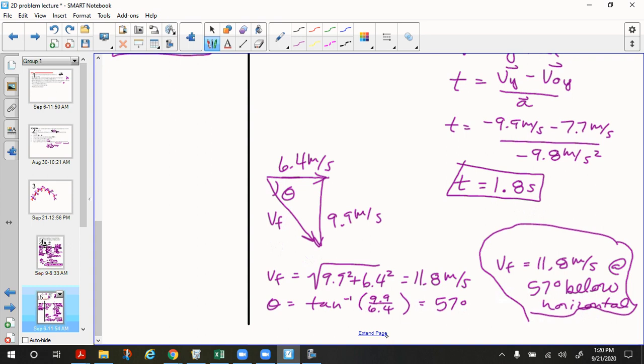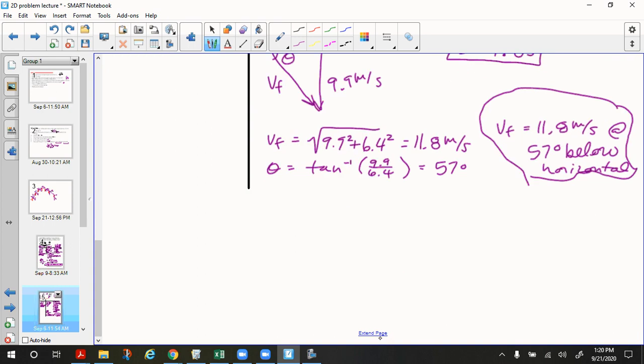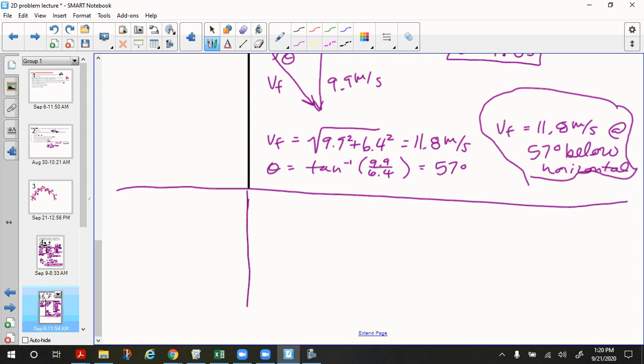So now we need to find out how high it goes, which is the last piece. Now for this piece, we have a different time and a different situation. So let's kind of redo our XY chart here. We know that the initial velocity in the y direction is still 7.7 meters per second. The acceleration is still negative 9.8 meters per second squared.